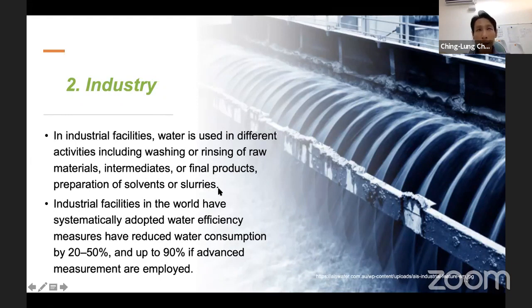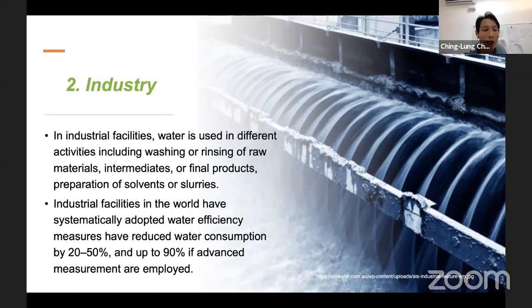And as I mentioned earlier, in Taiwan we have so many semiconductor manufacturers, and they use lots of water in one day. That's why these semiconductor manufacturers try to recover the water, because they also want to make sure they have a stable amount of water that they can use.